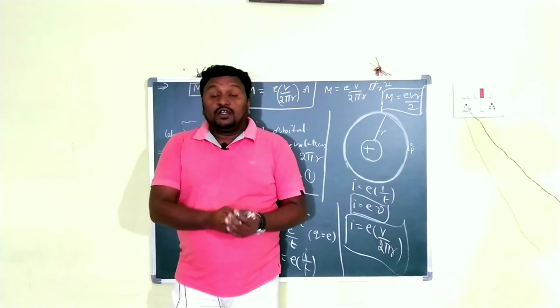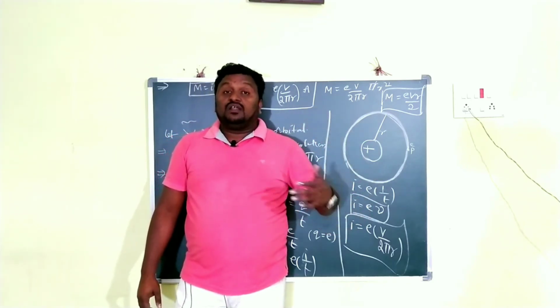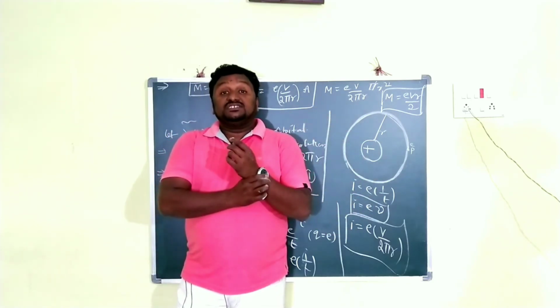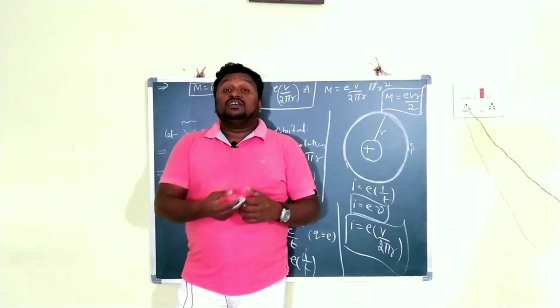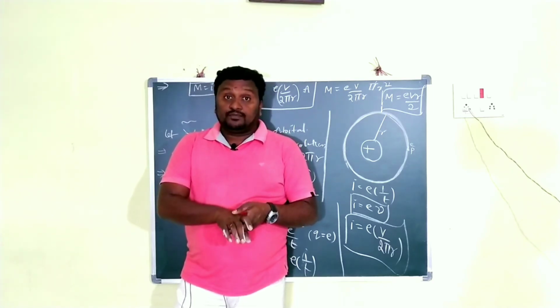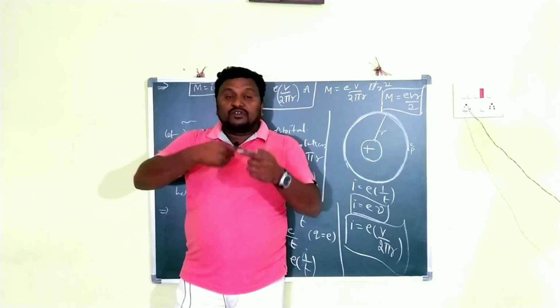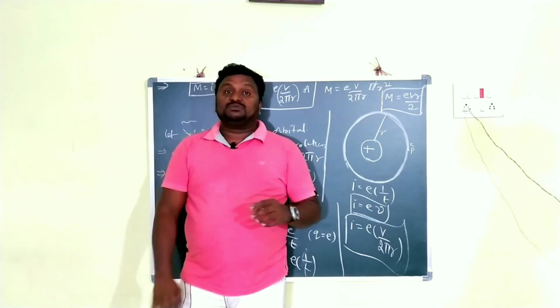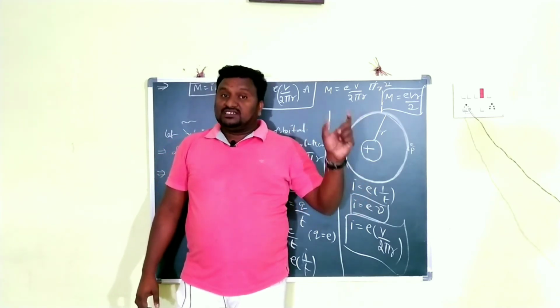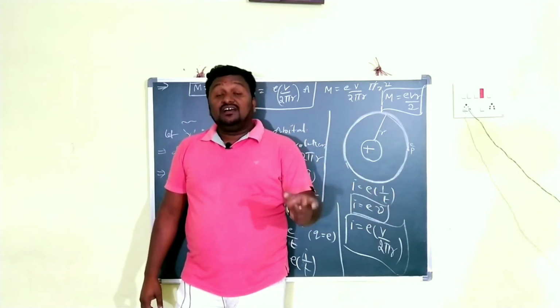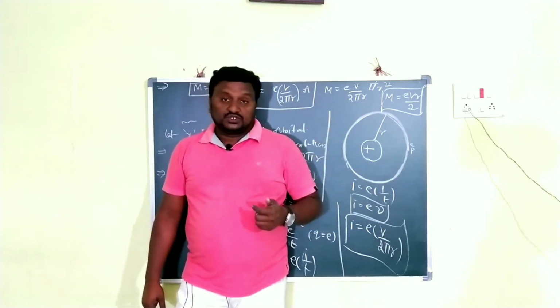And second, while it is rotating or moving, it has some velocity, that is v. The number of revolutions made per second is the frequency. So we assume that v is the velocity and nu is the frequency of the rotating electron.